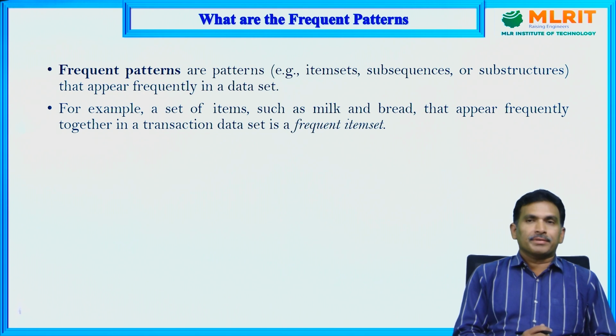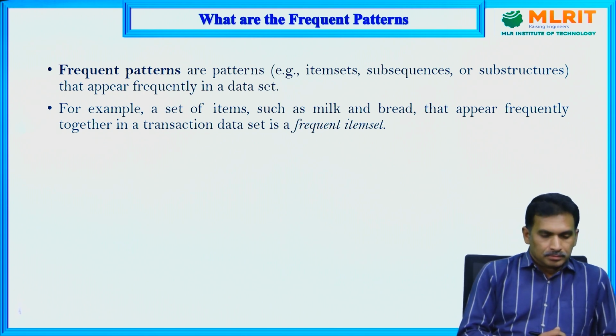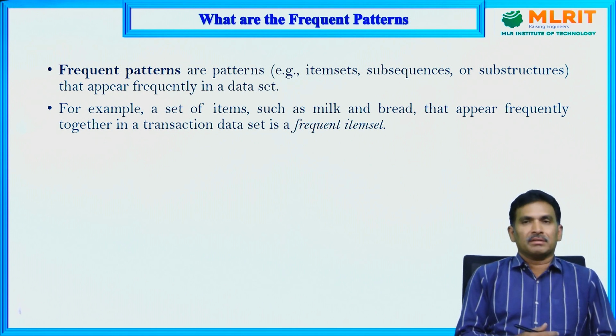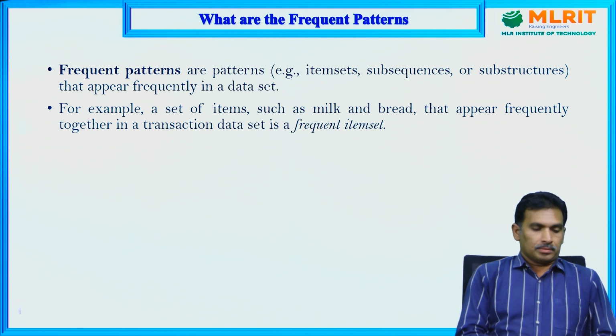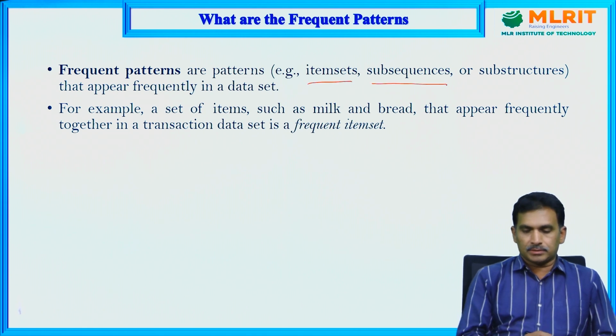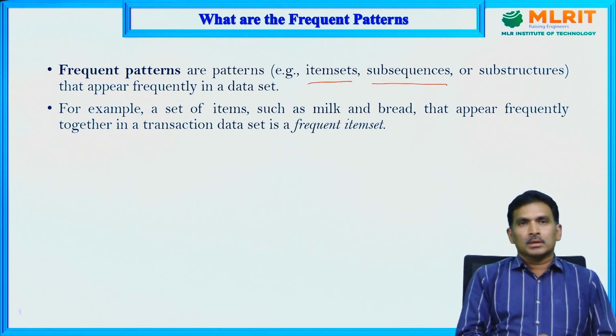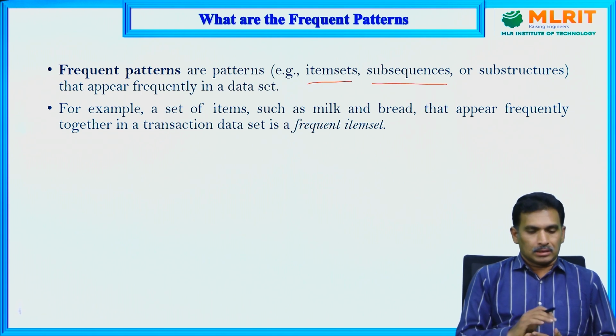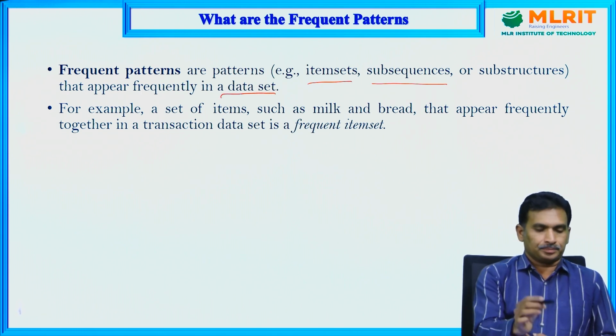So what are frequent patterns? I gave enough explanation in the previous lecture. The frequent patterns are item sets, subsequences, or substructures that appear frequently in any database or data set.